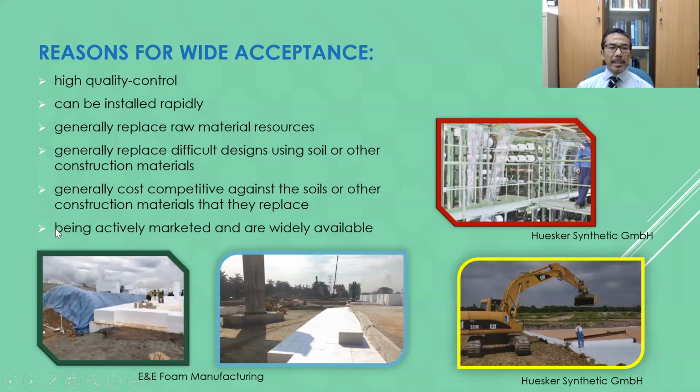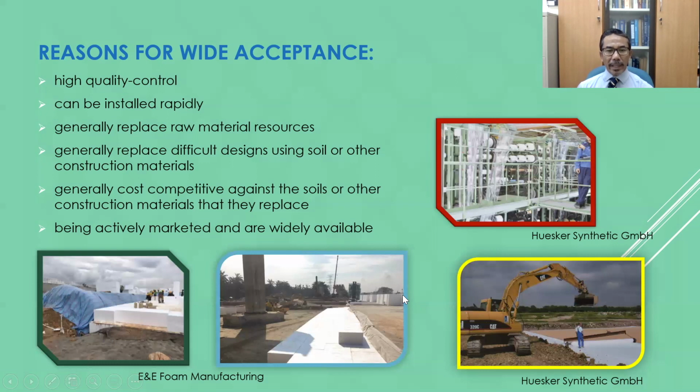Reason number six, geosynthetic materials are being actively marketed and are widely available. There are hundreds of geosynthetic manufacturers around the world, and each manufacturer produces different types of geosynthetic products. So there are a variety of geosynthetic products that we can choose from.